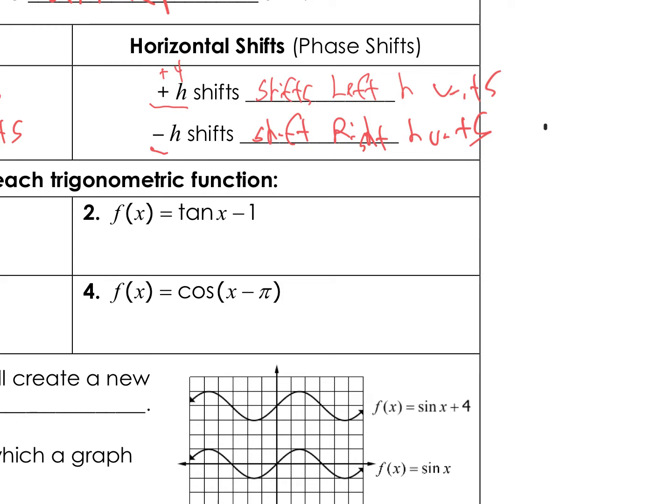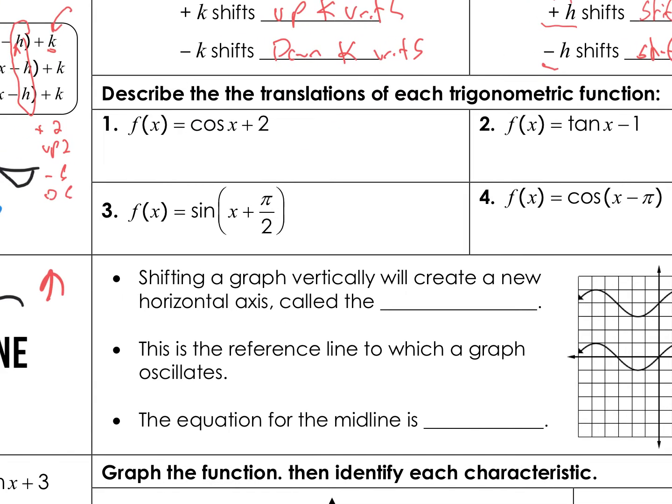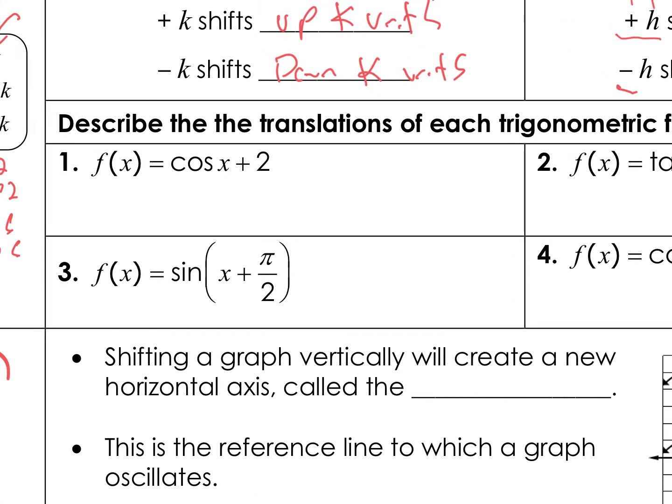So let's look at this here. We're just going to decide what translations are going on. Well, good news. I don't see anything with the angle that is connected to the cosine. Since it wasn't in a parenthesis, the only thing that gets the angle of cosine is the x.